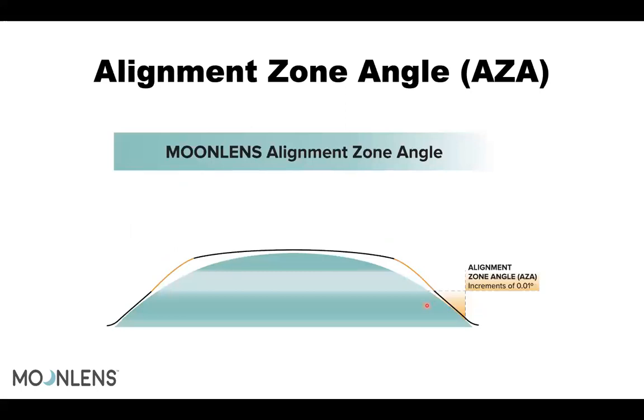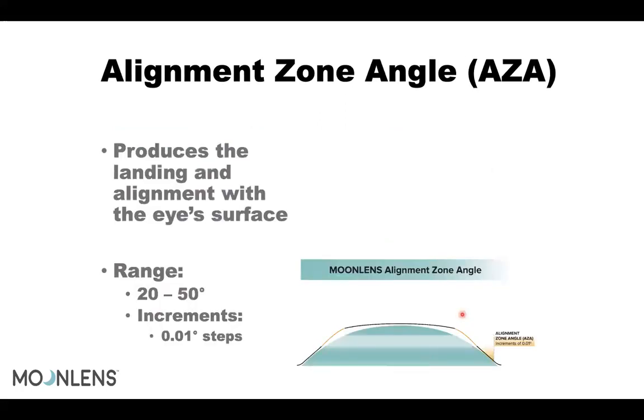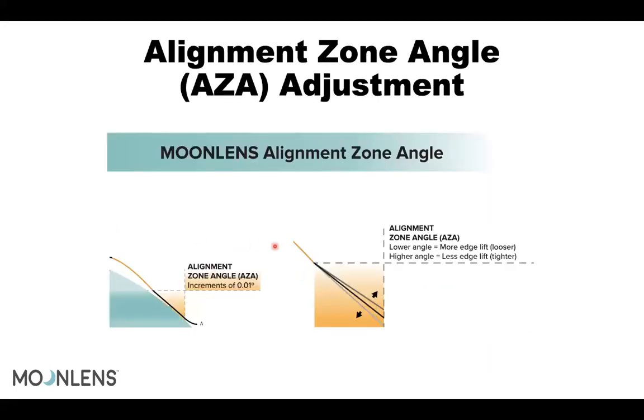So like I was telling you, this is the alignment zone. This is where you're going to fit that lens. Like this is saying, it produces the landing and alignment with the eye surface. And as you can see here, this is going to create the edge as well, to make changes just by going up or down.